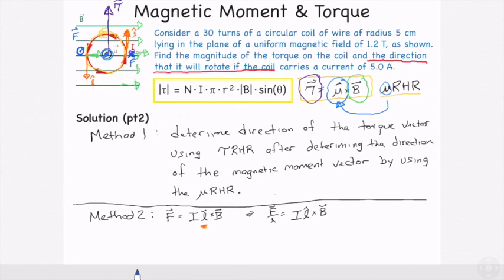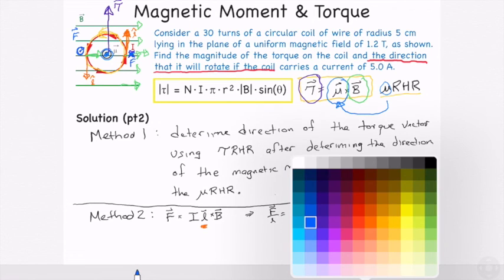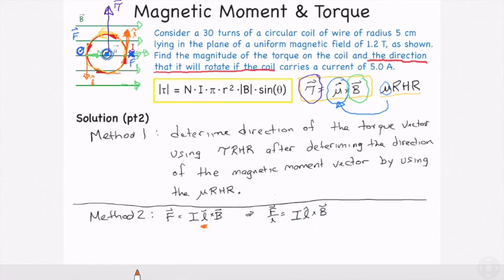You can confirm for yourself that the portions of the coil that are down here point to the right, which is parallel to the B field. And because we've written phi to be the angle between the L vector and the B vector, and down here that angle is 0 degrees, sine of 0 is 0.